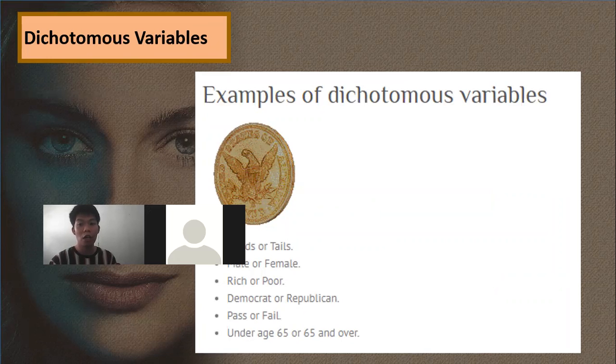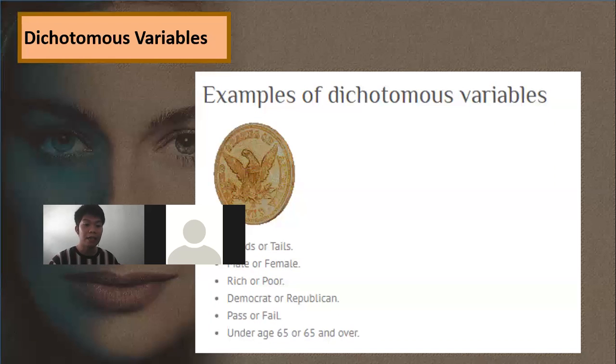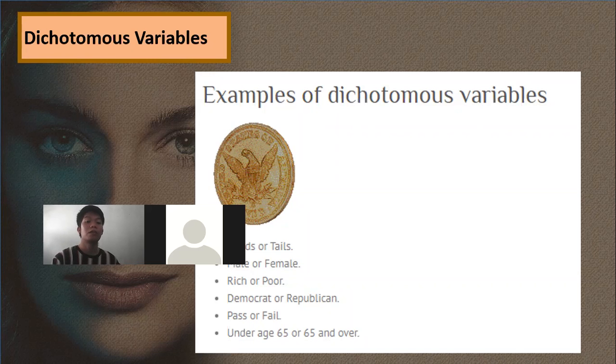Like for example, if you are in junior high school, then you will be asked, what is your grade level in junior high school? So you have 4 levels, grade 7, 8, 9, 10. Meaning, you have more than 2 options. So that's what we call polycotomous variables.